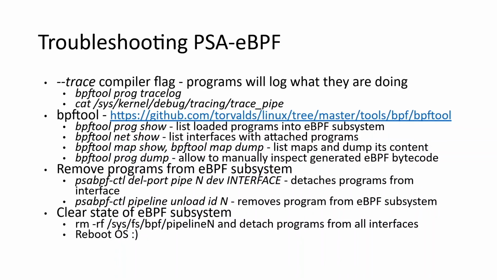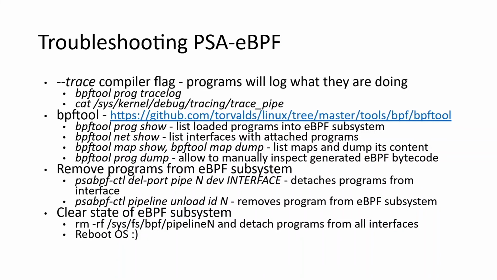When you no longer need the PSA eBPF programs, you should completely remove them from the eBPF subsystem. To do this, all the added ports have to be detached and then programs can be unloaded from the eBPF subsystem. As a result, there shouldn't be loaded programs, maps and files in the BPF file system related to the given pipeline.